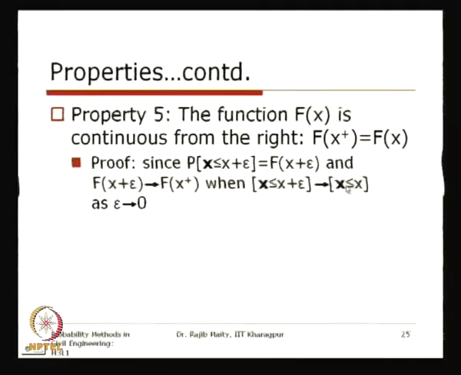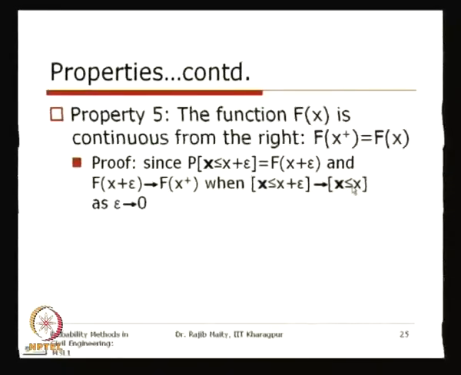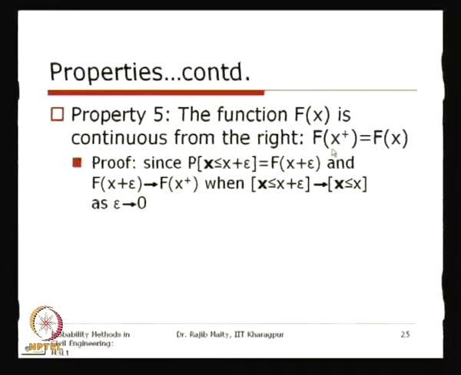So, that is why, from the right-hand side, it is continuous from the right-hand side of any specific value x.